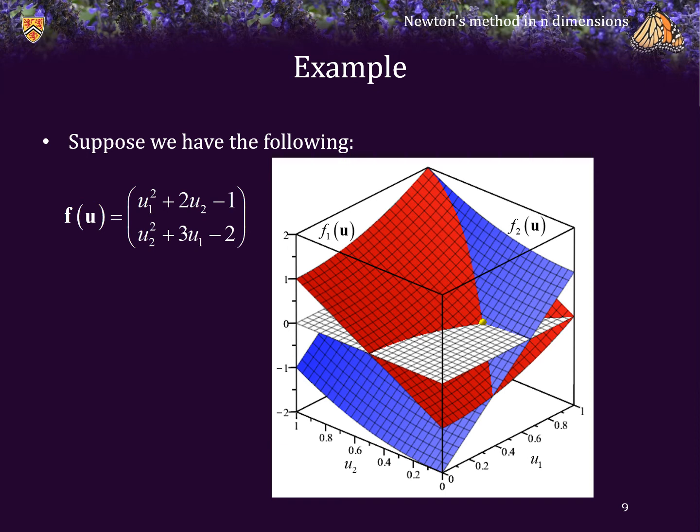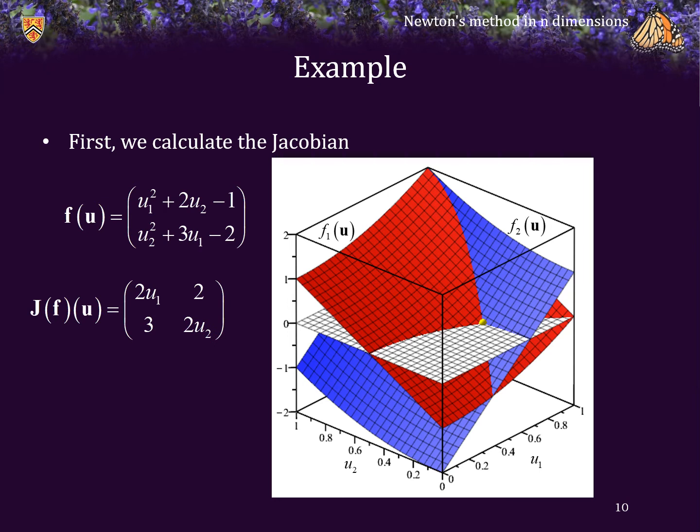As you can see, there is a gray plane that indicates z equals 0. Consequently, each of these functions is 0 along a curve in that plane. However, right here is a point where both functions are simultaneously 0.